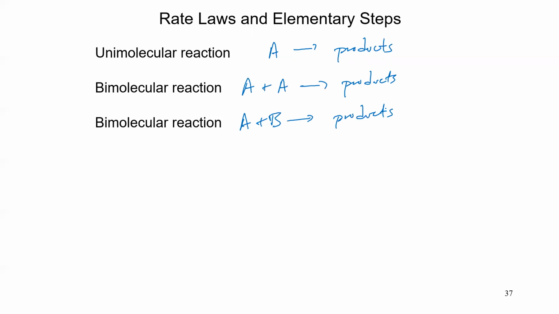It's not necessarily two different molecules. It's just two molecules reacting in order to be bi or termolecular. Now, remember, in order to react, these things have to collide with one another. And so termolecular reactions are pretty rare because you have to get 3 molecules that all collide at exactly the same time. Quaternary reactions, where we have 4 molecules colliding at the same time to react, are almost unheard of. They don't really exist. And so we're not going to talk about them.